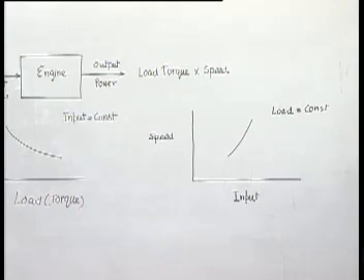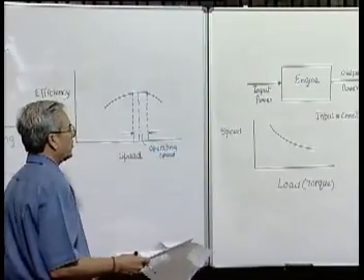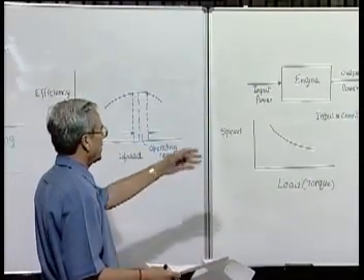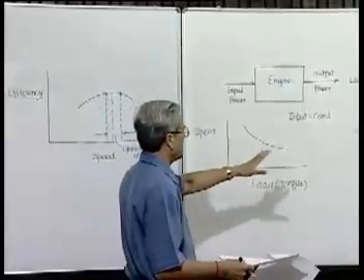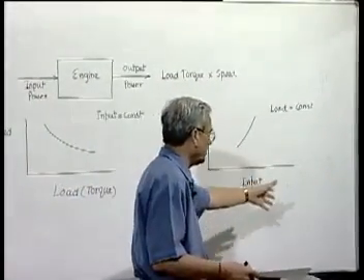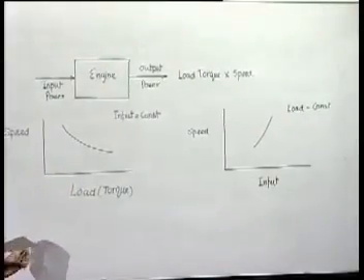If input falls, speed will also fall, because output is approximately equal to input and load is constant. So if the input falls, it means output will also fall, and load being constant, the speed will also fall. So this is another kind of situation. Some examples I have already given you, but the more commonly encountered situation is like this.